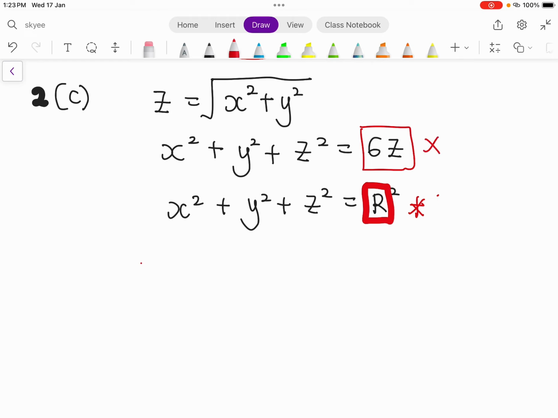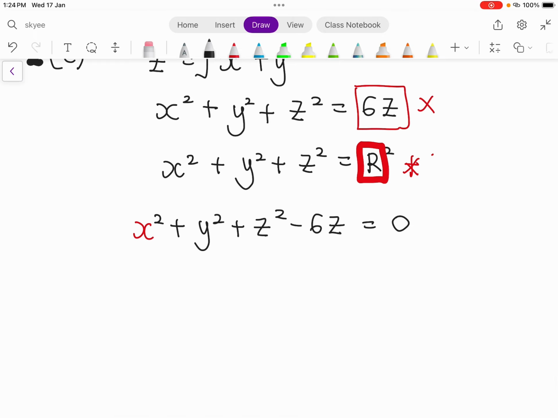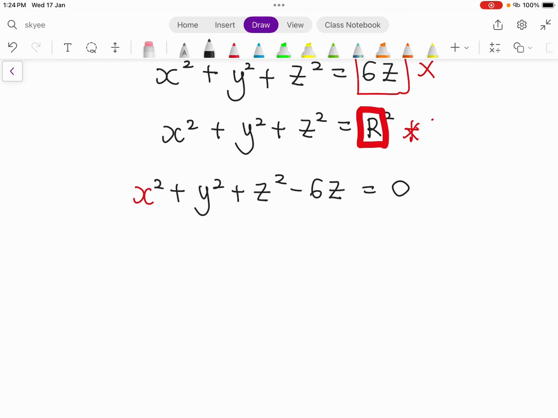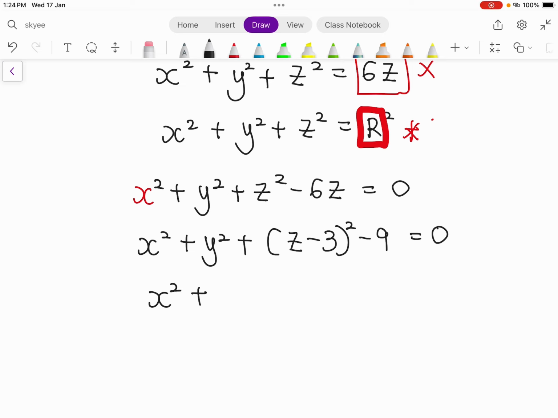So what I will do is write x squared plus y squared plus z squared minus 6z equals 0. Now I can perform completing the square: x squared plus y squared plus (z minus 3) squared minus 9 equals 0. Moving the 9 to the right side, the equation equals 9.